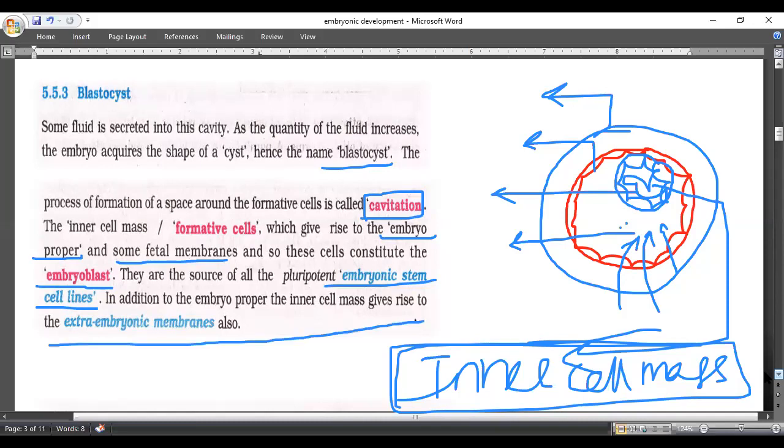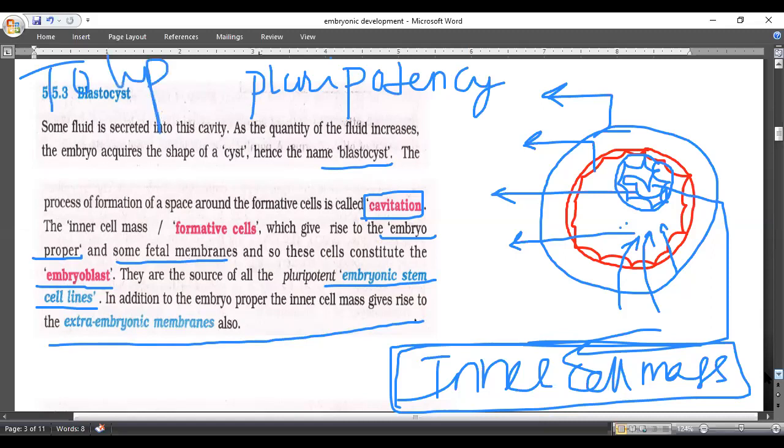So first of all, let us know what pluripotency is. Behind pluripotency, we have one more word, totipotency. What is totipotency? Forming all types of cells. The zygote forms everything: the embryo and the fetal membranes. That we call totipotency.